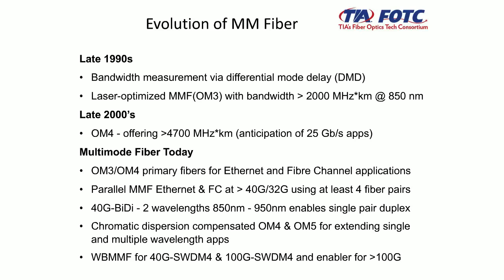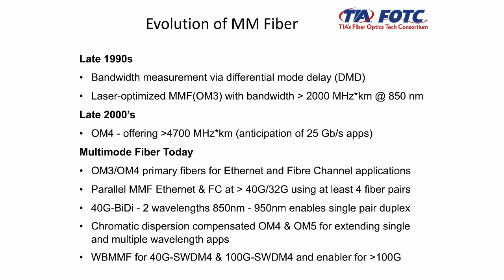Late 90s, we started to measure bandwidth a little bit differently. We started to use differential mode delay. Prior to that, we were using a frequency-based measurement, basically with a laser, which wasn't indicative of the true performance of multimode fiber. And we started to look at grading the fiber with respect to its bandwidth.